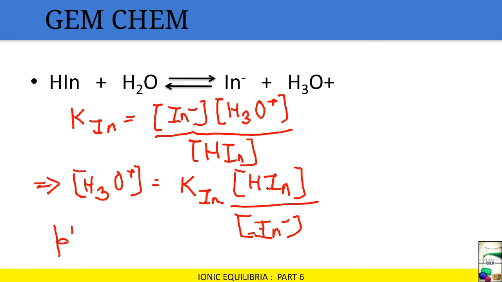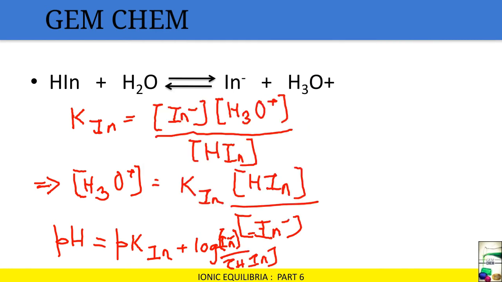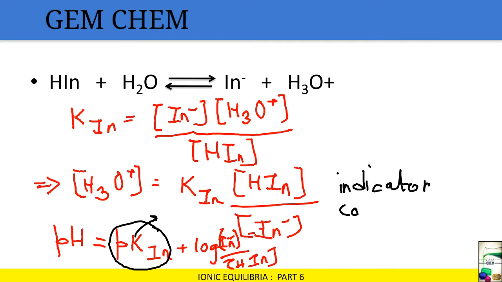Now pH is equal to pKIN plus log concentration of IN minus by concentration of HIN. Now this pKIN stands for indicator constant. Indicator constant. Okay.